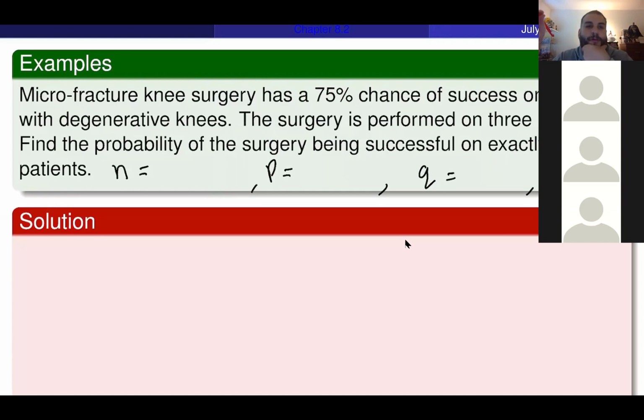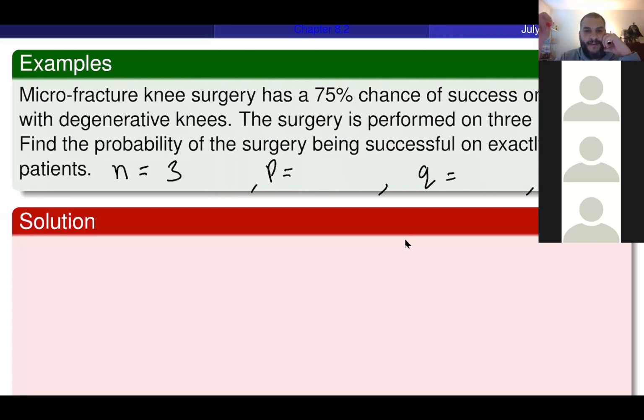So for this one, what will be my N? How many patients do we have? 3. Yeah, so you have 3. If you look at it, we want to find the probability of having a successful surgery. So P, the probability of success, is what?